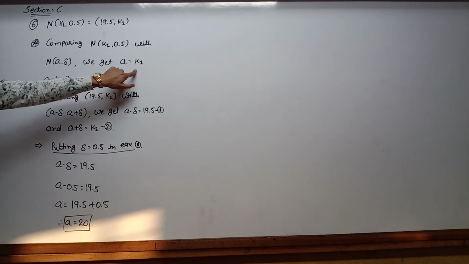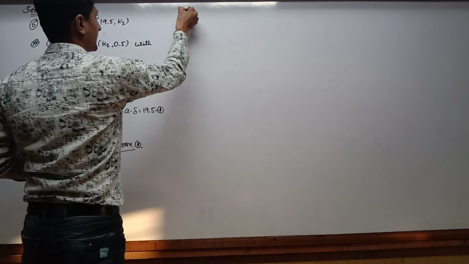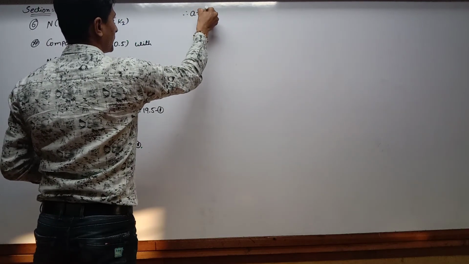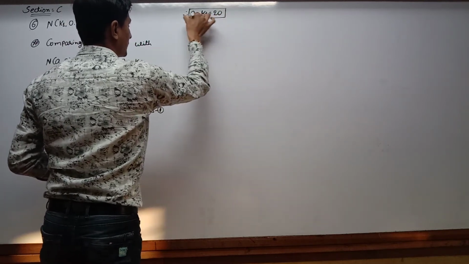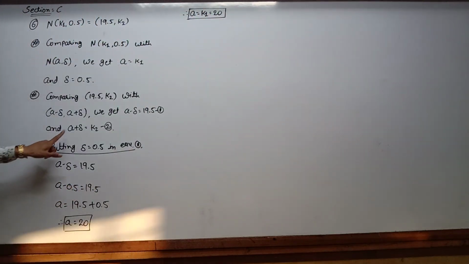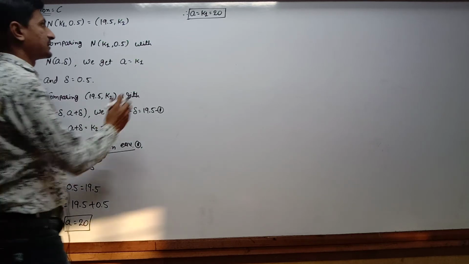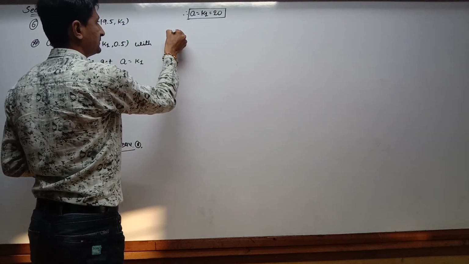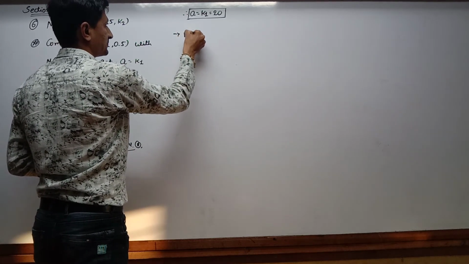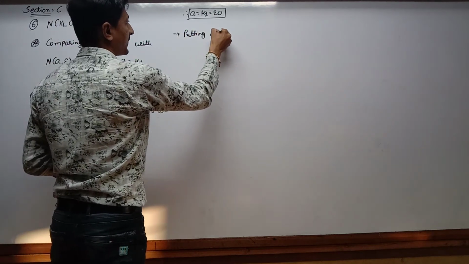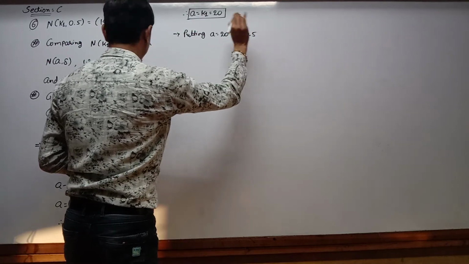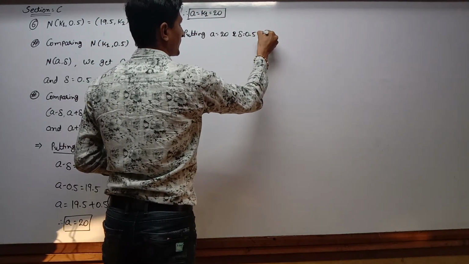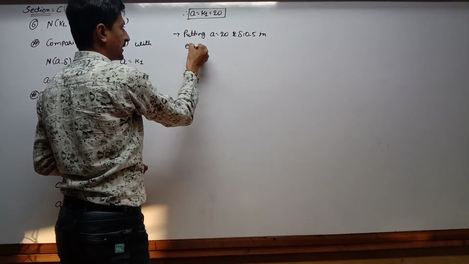Okay. A means K1. So new line, write down, therefore value of a is equal to K1 is equal to 20. Okay, K1 found. A and delta both values are given. Write in the second equation, that is, find out K2. Now next step, putting a is equal to 20 and delta is equal to 0.5 in equation 2.